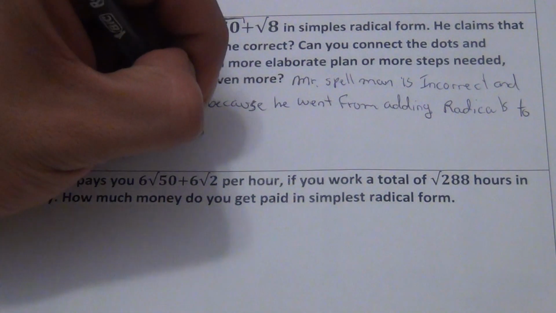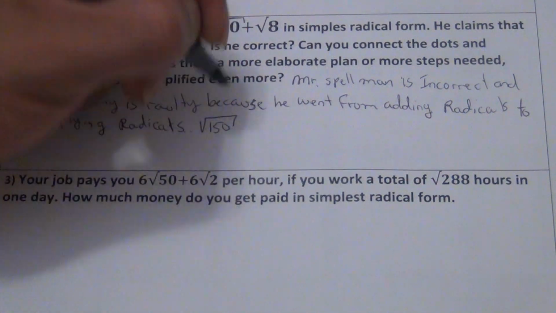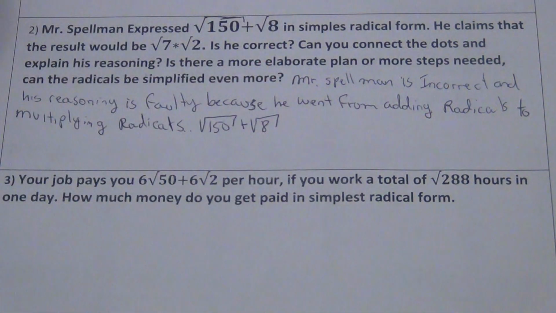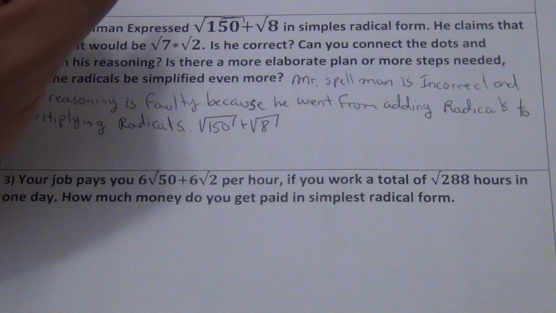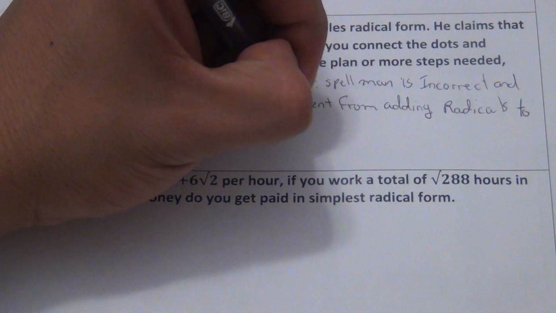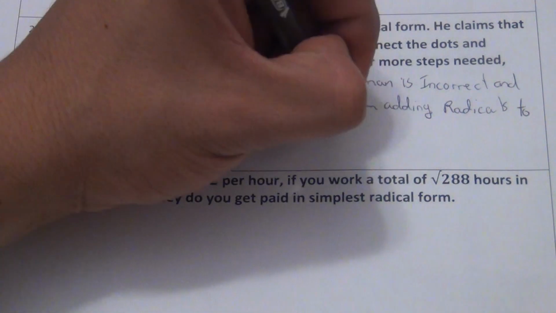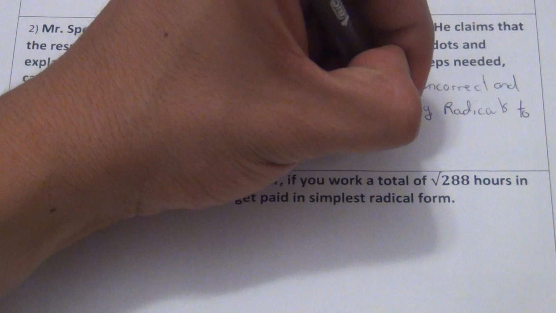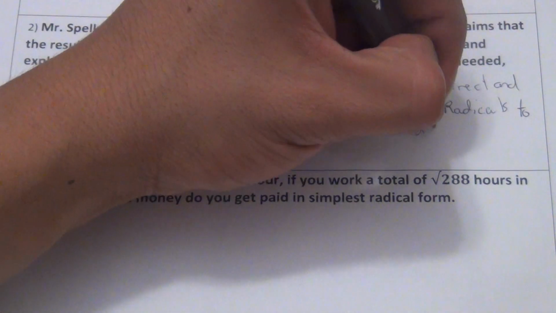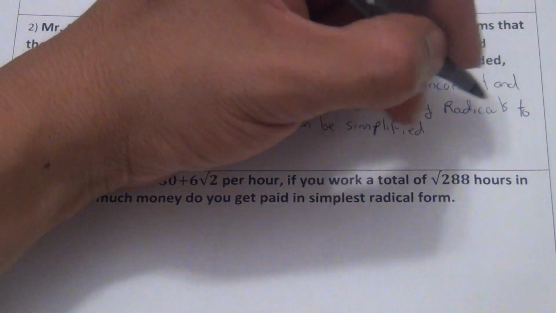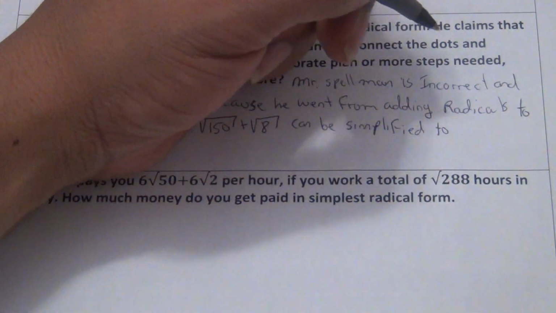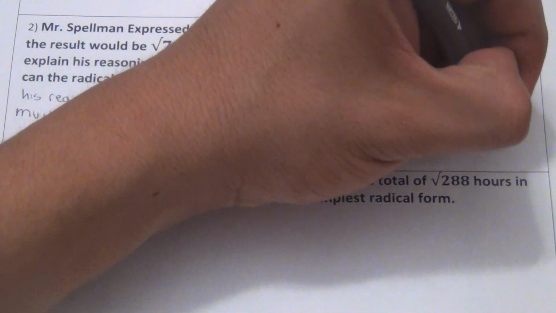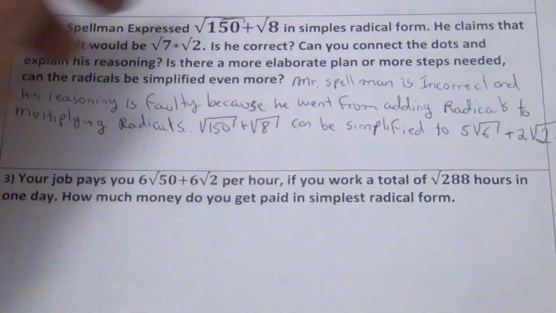So radical 150 plus radical 8, okay, can be simplified to 5 radical 6 plus 2 radical 2.